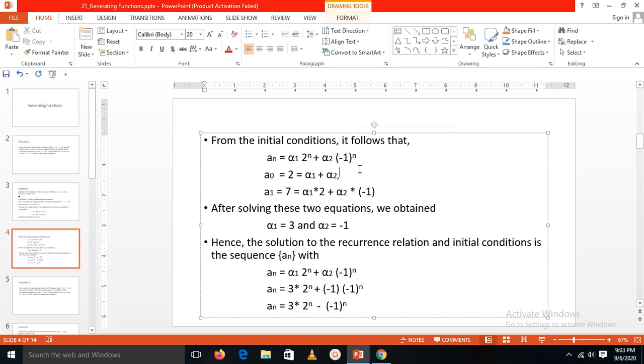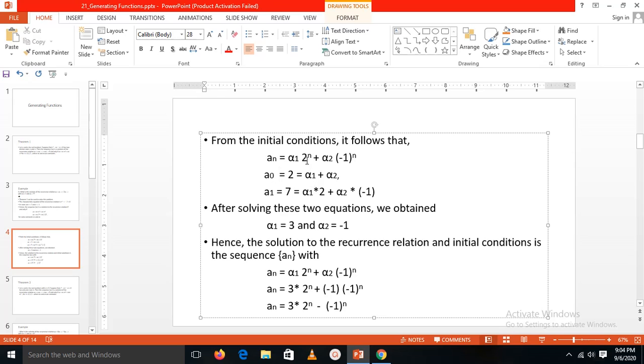Now our first initial condition is A0. A0 is equal to 2, which equals alpha 1 plus alpha 2. How can we obtain this? By putting the value n equal to 0, we get A0.